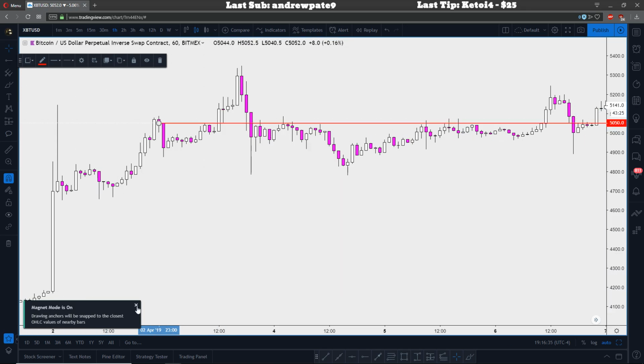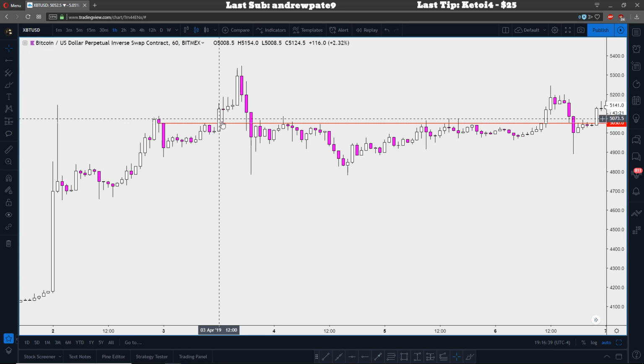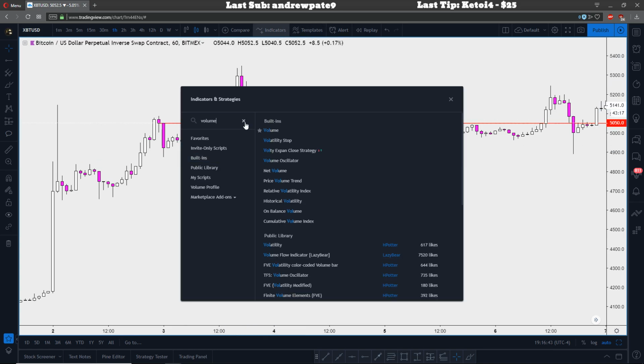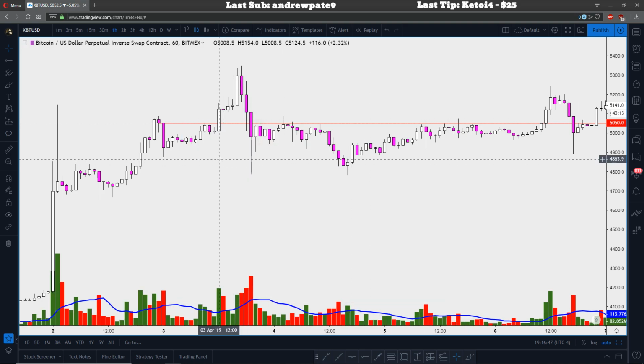You want to make sure that the candle that's getting ready to test that level or break that level is seeing a strong increase in volume, or a strong relative strength on your oscillator or whatever you're using, like an RSI or some kind of momentum indicator.